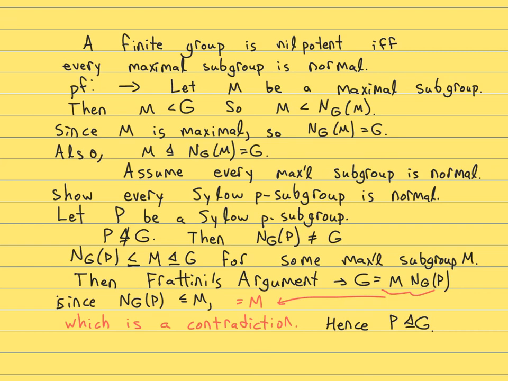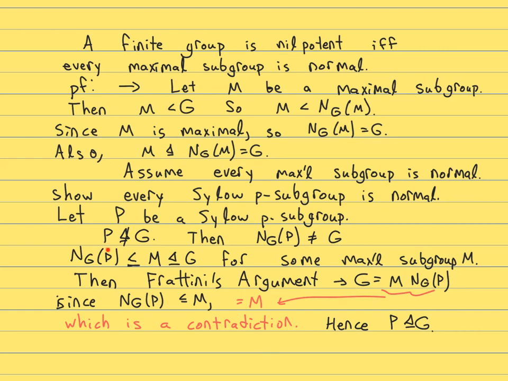And this actually shows one reason why contradiction arguments can be very useful, because they allow you to make assumptions that allow you to apply theorems that you otherwise wouldn't be able to apply in order to contradict other definitions.